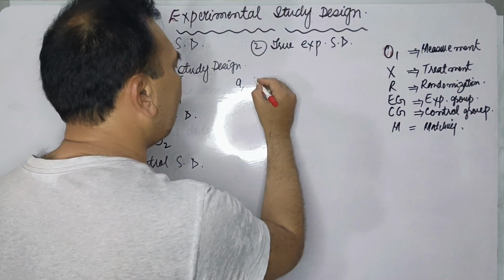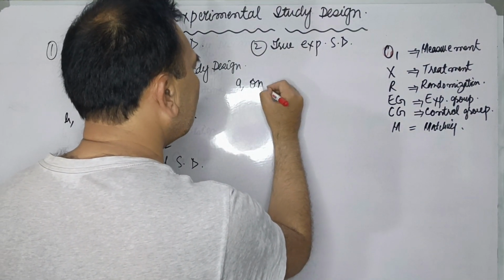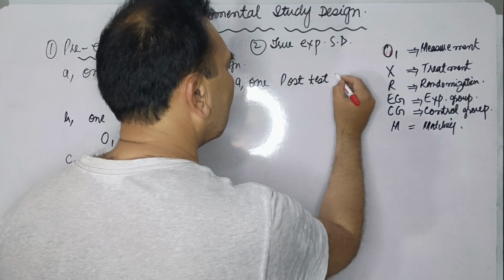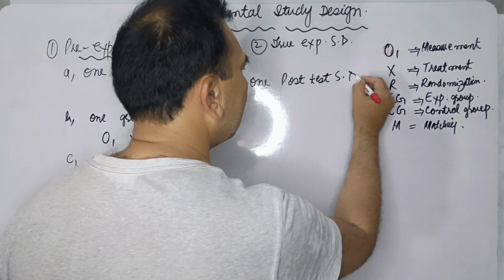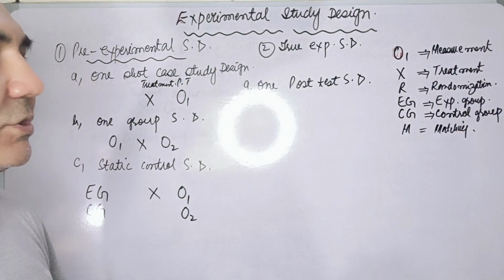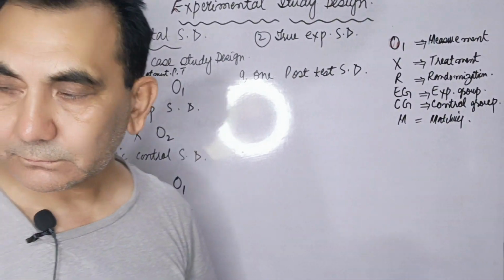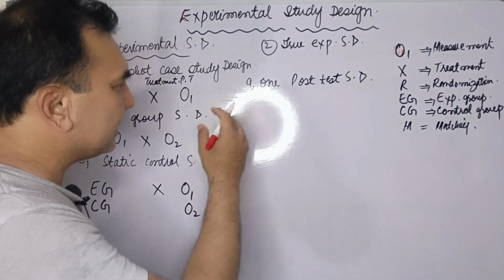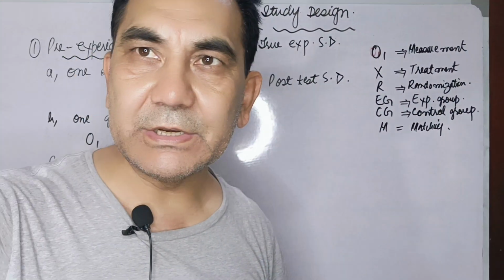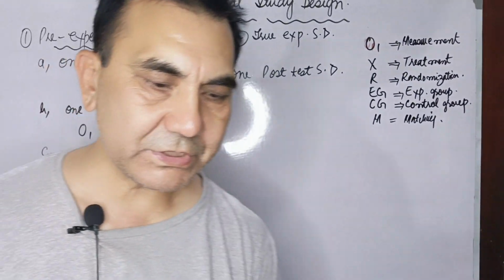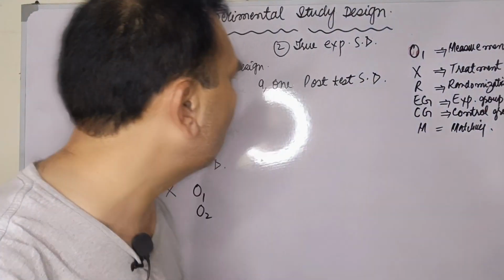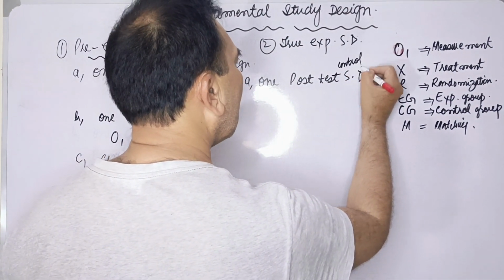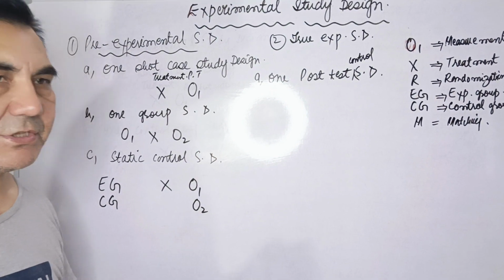So the true experimental study design has further two to three types. One type is called the pre and post test control group study design. What will the researcher do in this study design?